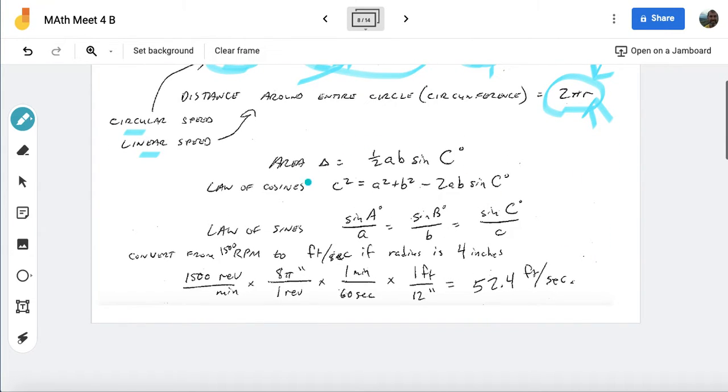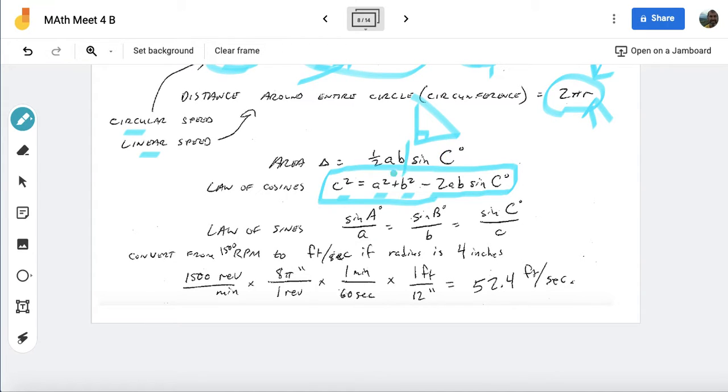Okay, law of cosines: c squared equals a squared plus b squared minus 2ab cosine of C. The area of a triangle is 1/2 ab times the sine of C. Now often, if we have a right triangle, it's the sine of 90 degrees, but the sine of 90 degrees is 1.